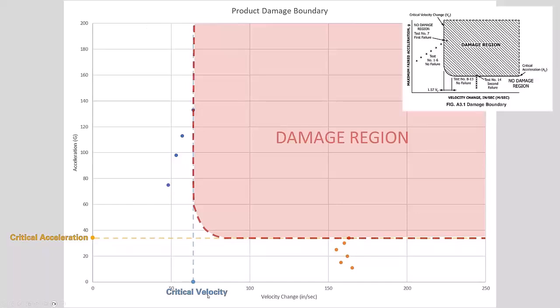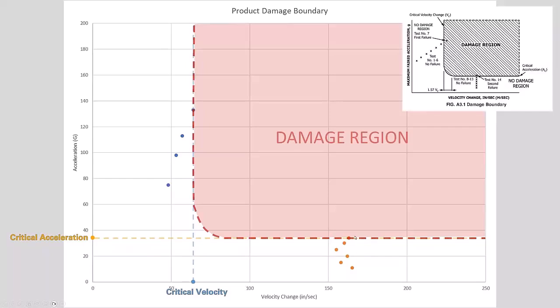If it didn't have some minimum amount of velocity associated with it, which was, again, like 65, 60, I forget exactly what the number was, but I could see 600 Gs if it doesn't have much velocity with it. So only when the two values of a shock pulse exceed those minimum thresholds would you ever expect to see damage.